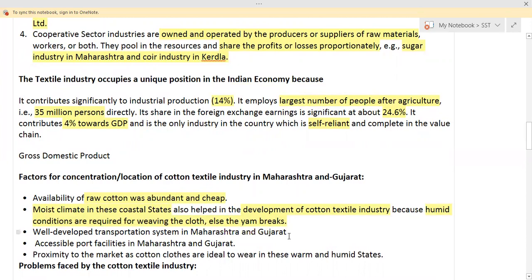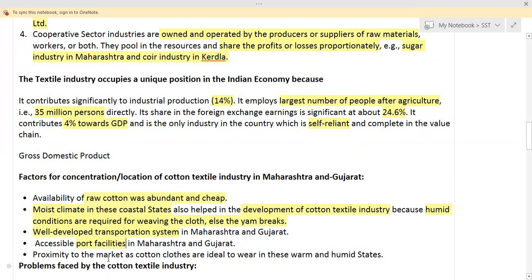So you get more points thanks to that. Important export facilities are also good: a well developed transport system and accessible port facilities. Proximity to market, as cotton clothes are ideal to wear in these warm and humid states.